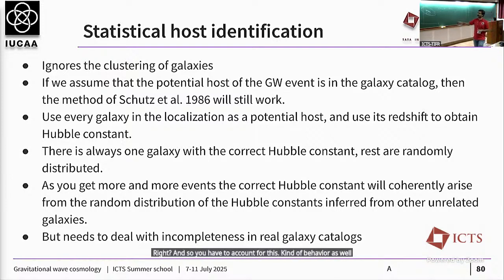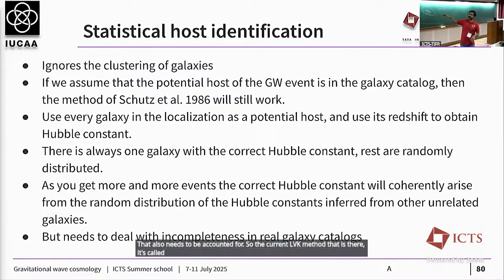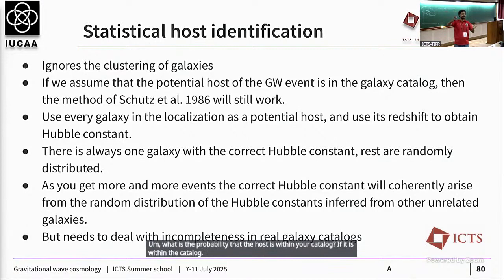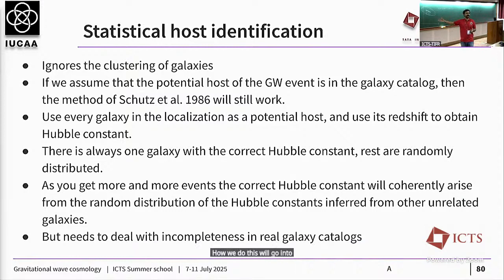So this incompleteness which is present in real galaxy catalogs also needs to be accounted for. So the current LVK method that is there is called statistical host identification. It will try to figure out what is the probability that the host is within your catalog. If it is within the catalog, it uses all the redshifts and then tries to figure out what the Hubble constant could be. But it also accounts for the fact that the galaxy catalogs are incomplete. How we do this, we'll go into the mathematics of this tomorrow.